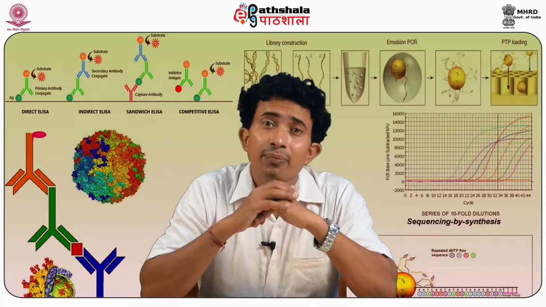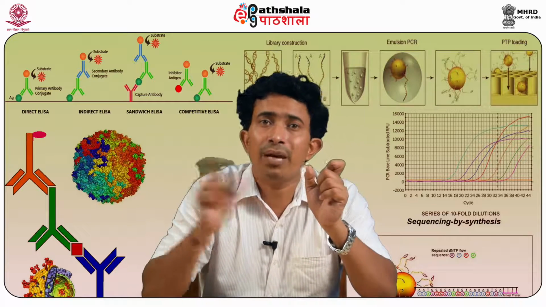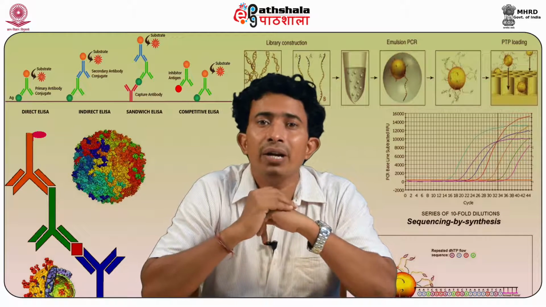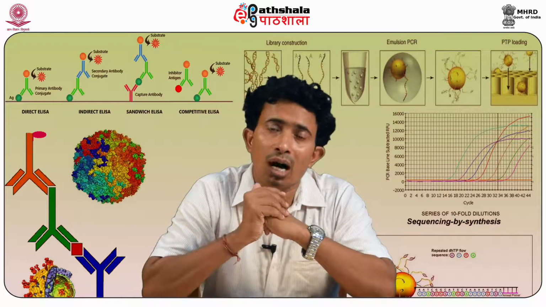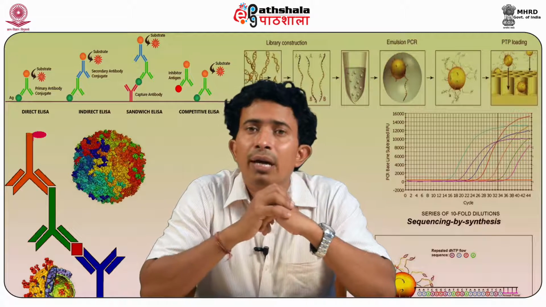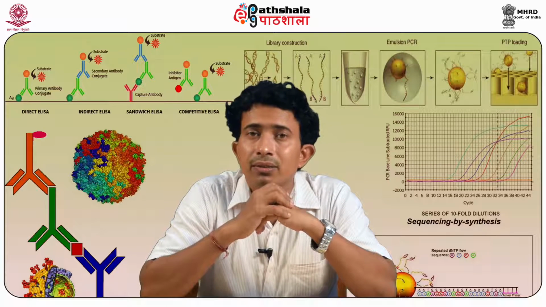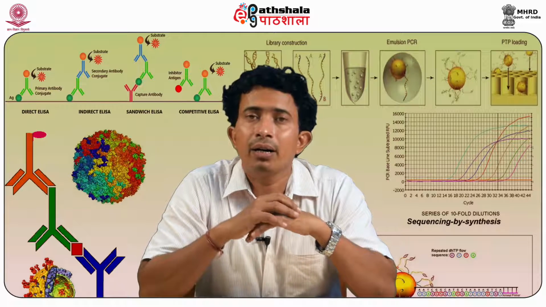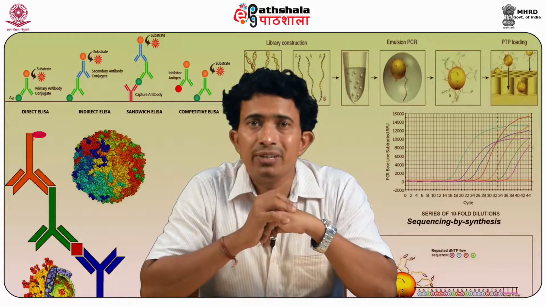And lastly, host pathogen interaction will pave the way for how we can overcome the battle with pathogens, how we can overcome pathogen resistance. All these answers are lying in the host pathogen interaction.